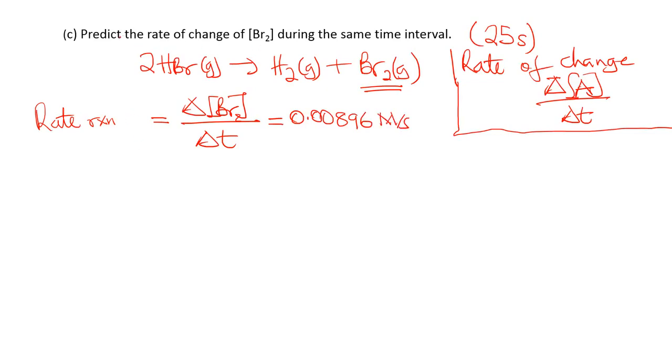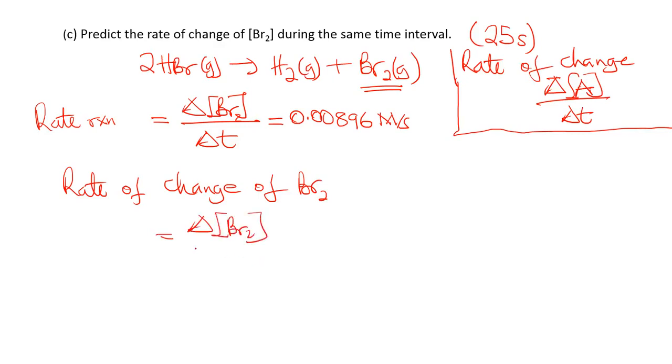Now, because here it's saying predict the rate of change of Br2, rate of change of Br2 is also given as change in Br2 divided by change in time.